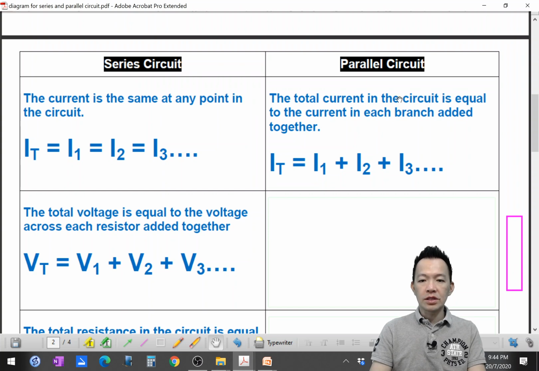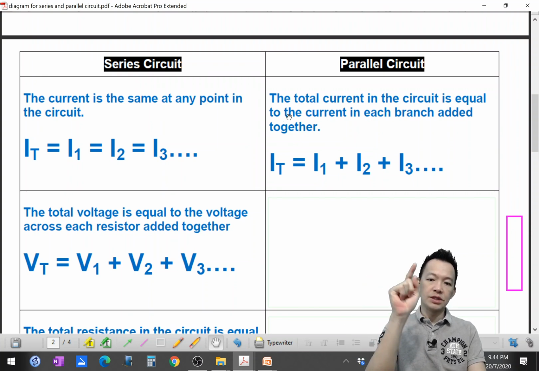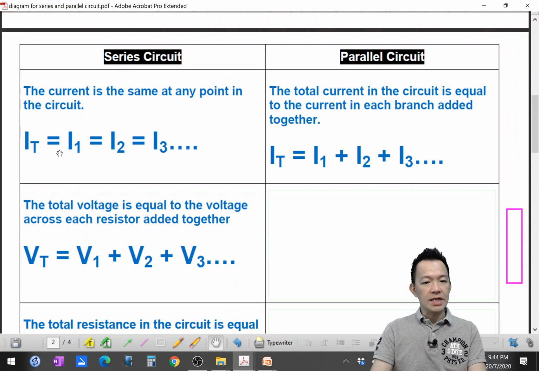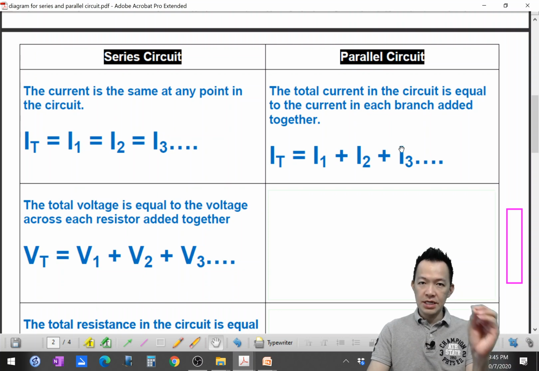The total current in the circuit is equal to the current in each branch added together. The current in each path added together is your total current. Just now it was equal, but now it becomes plus. If you don't understand and just memorize, then I have nothing to say.